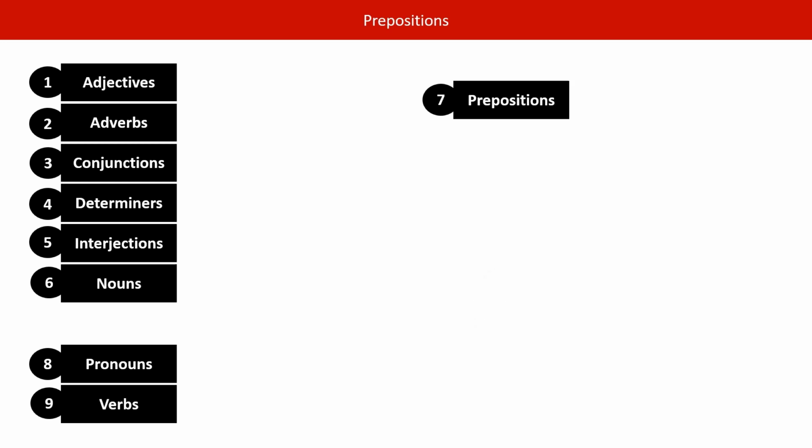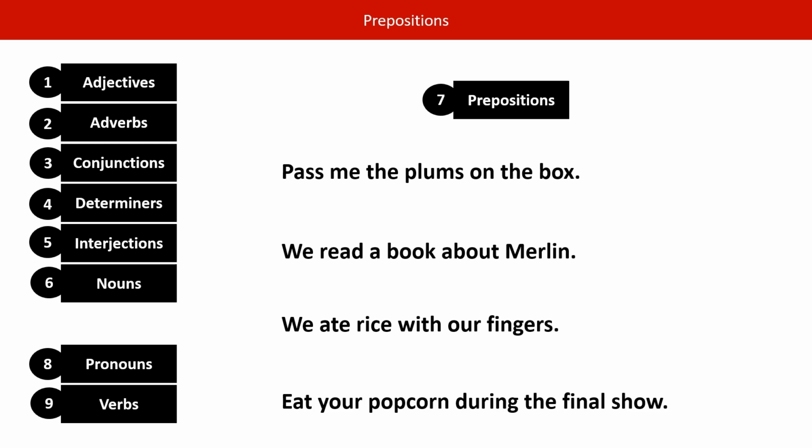What I want to do now is examine these 4 examples. Please pass me the plums on the box. We read a book about Merlin. We ate rice with our fingers. Eat your popcorn during the final show. Well, we can spot the prepositions now, and there they are. Okay, let's look at the top one. The box is the noun phrase being modified by on. That's our prepositional phrase.